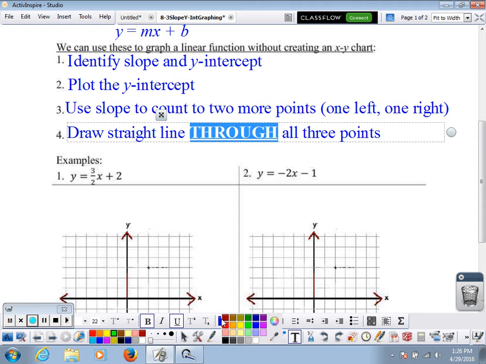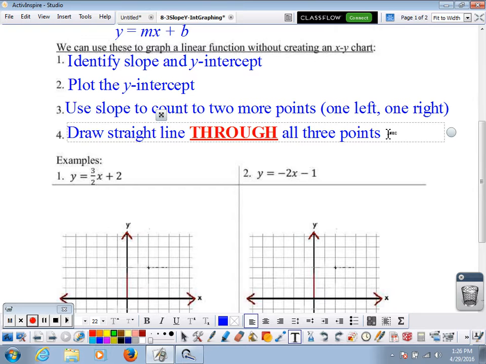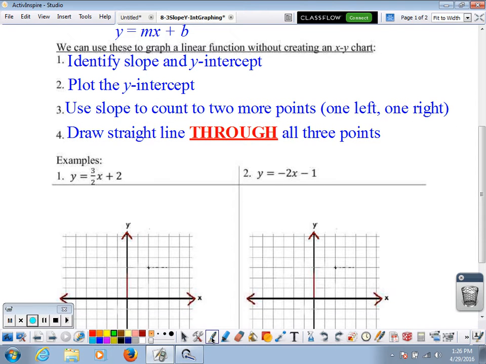There's a reason that we have to draw that line through all those points, and we'll talk about that when we get there. But we want to make sure that we don't stop at any points. We want to make sure that line goes on and on in each direction as far as it possibly can.